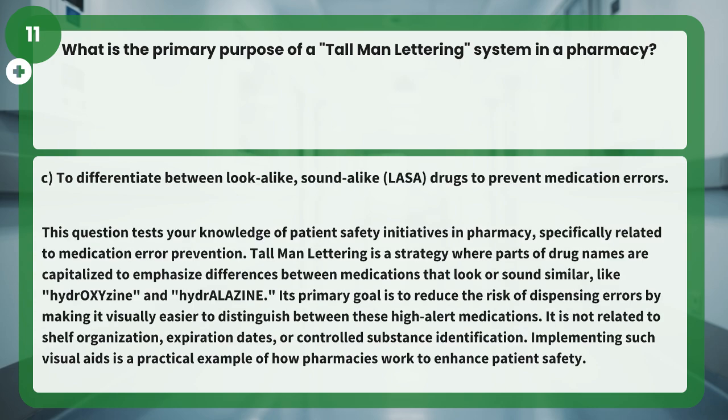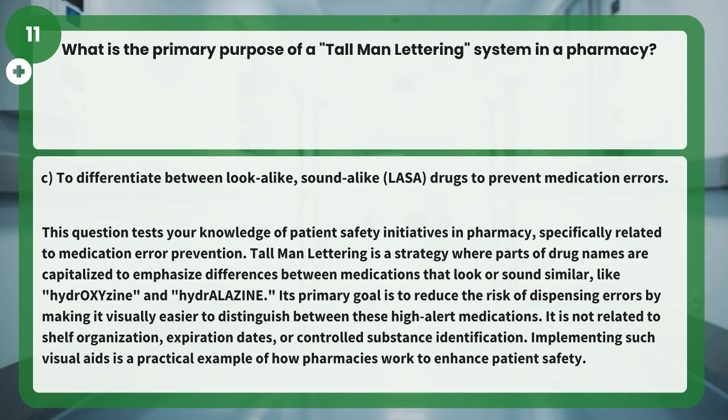Answer C. To differentiate between look-alike, sound-alike drugs to prevent medication errors. This question tests your knowledge of patient safety initiatives in pharmacy, specifically related to medication error prevention. Tall man lettering is a strategy where parts of drug names are capitalized to emphasize differences between medications that look or sound similar, like hydroxyzine and hydralazine.